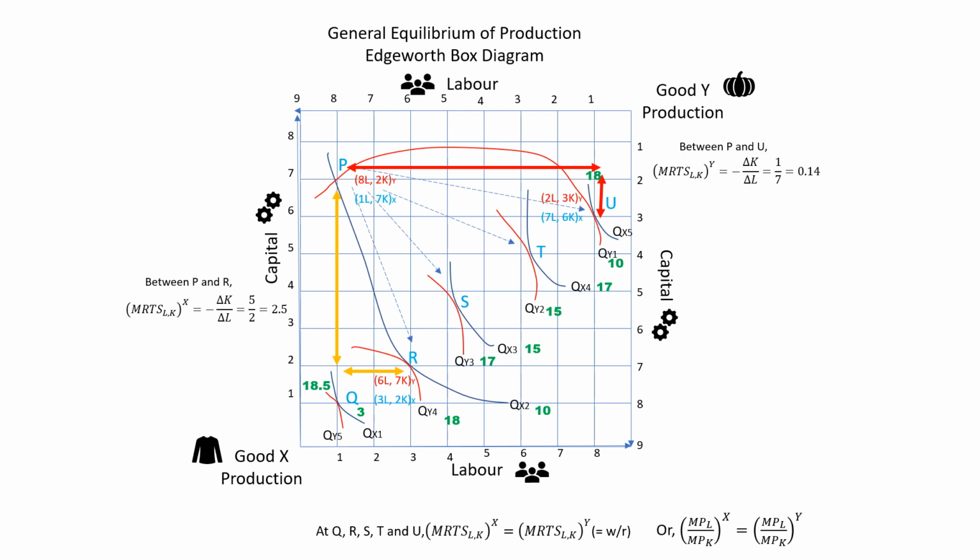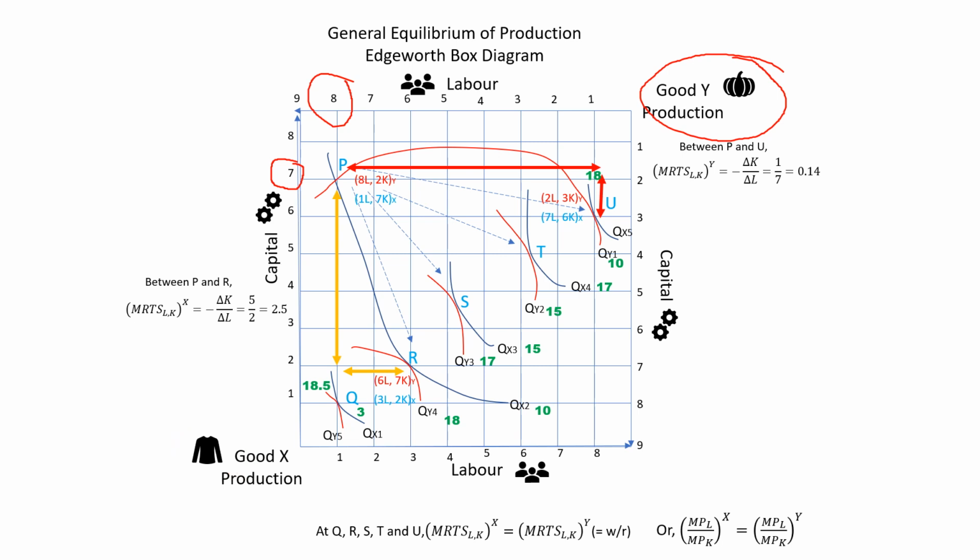So it makes more sense for us to be able to transfer some of the excess labor from the production of food. So we are currently having 8 units being employed in the production of food. Some of this can be transferred to the production of clothing. And similarly, as far as clothing is concerned, there's an excess amount of capital which can be transferred to the production of food. How exactly will this change in the distribution of labor and capital take place is what we are going to be looking at.